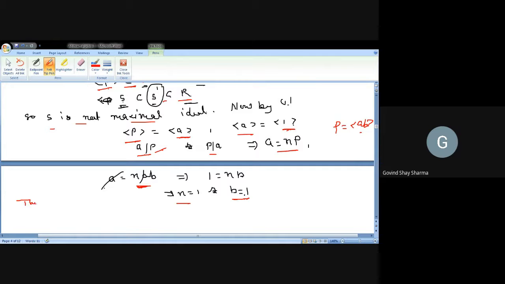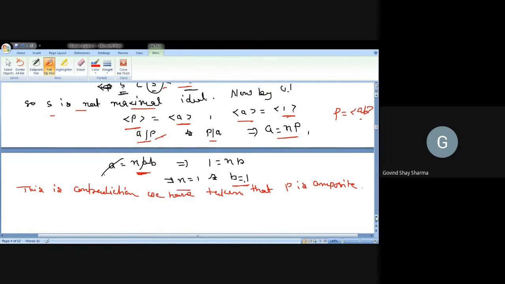This is a contradiction because we have taken that P is composite. So our assumption is wrong.